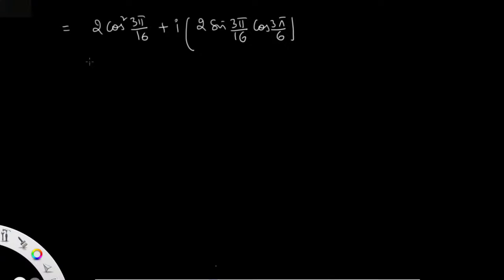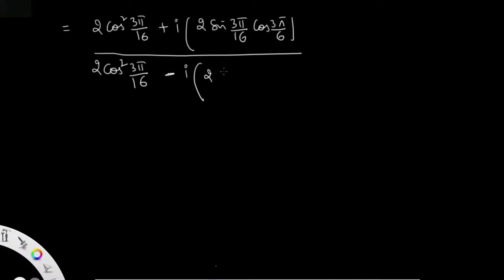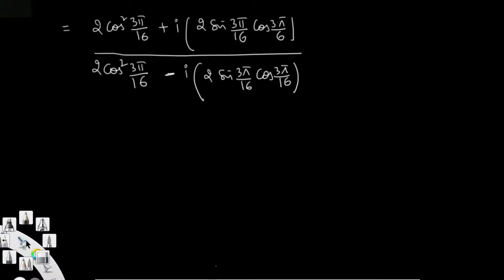Similarly, the denominator is 2 cos squared 3 pi by 16, the same thing, with minus in between, i into 2 sin 3 pi by 16 into cos 3 pi by 16.